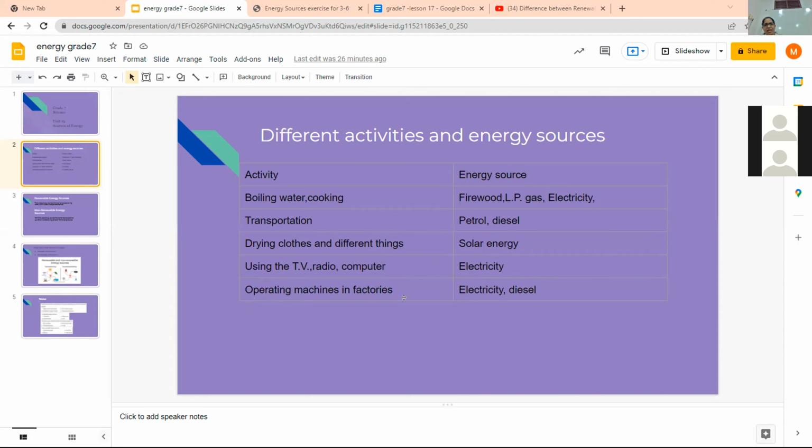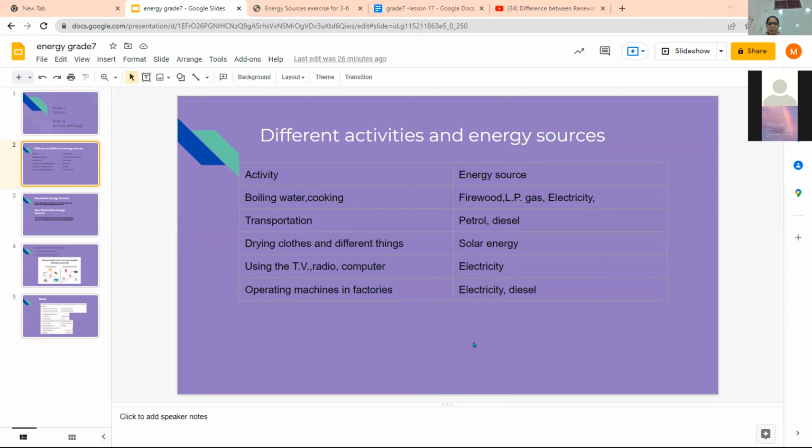So we need these sources: LP gas, electricity, petrol, diesel, solar energy. All of these energy sources we can name as natural sources, right? These sources are produced by using natural sources, right?